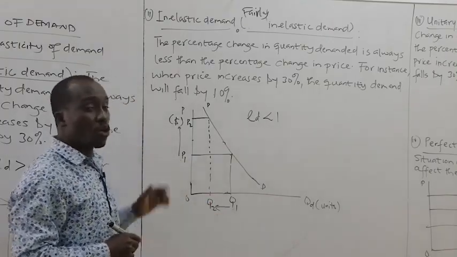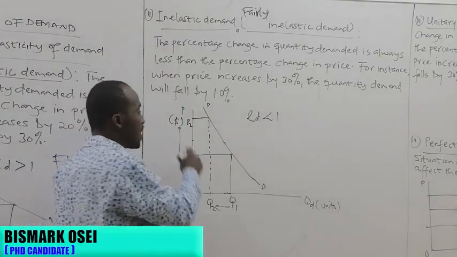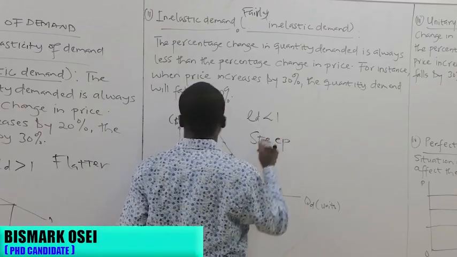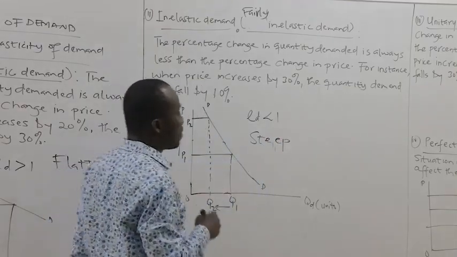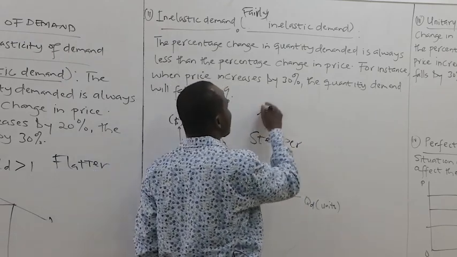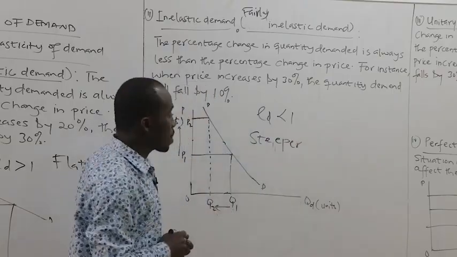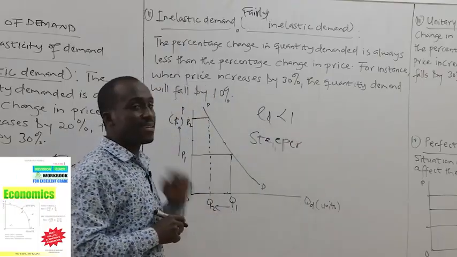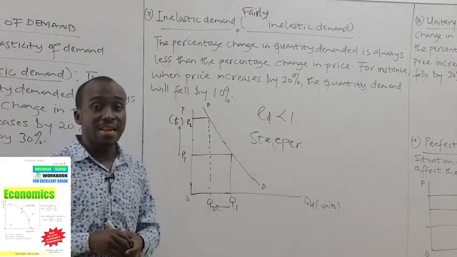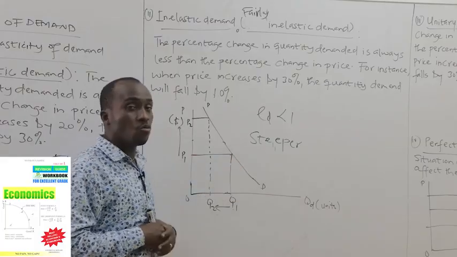That means the commodity is only slightly sensitive to change in price. And the demand curve here is steeper. In the case of elastic, it was flatter, but here it looks quite steep. And the elasticity of demand is less than 1. So when a commodity has inelastic demand, its elasticity is less than 1.